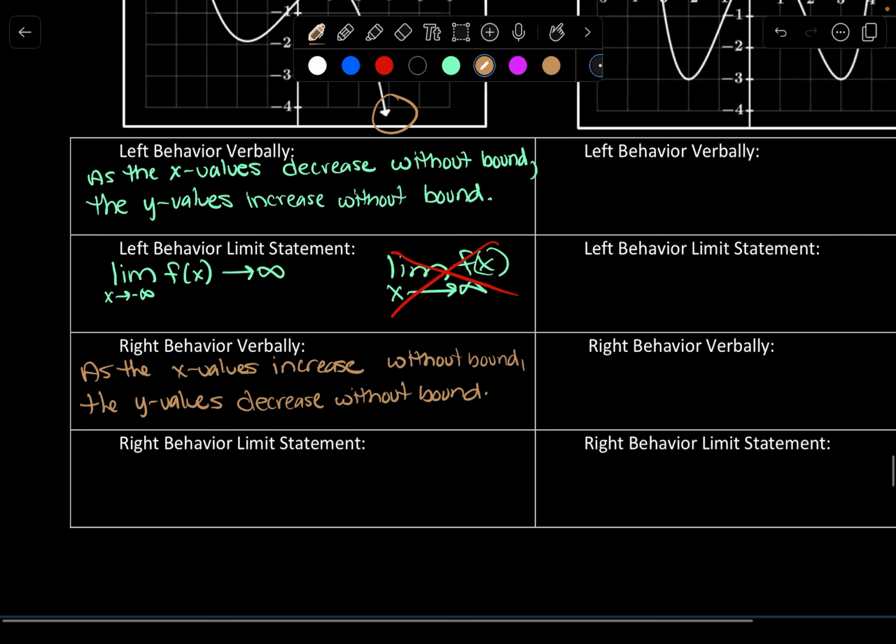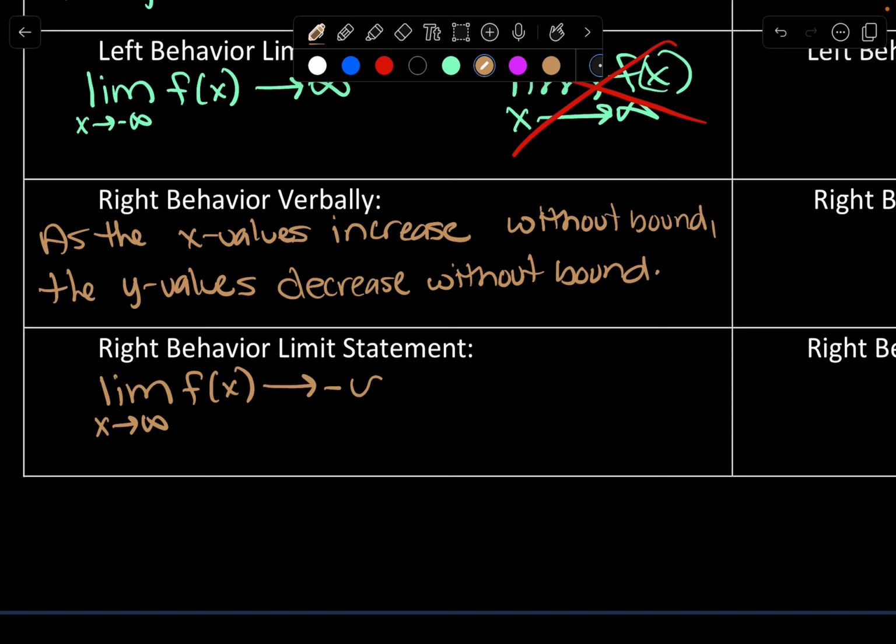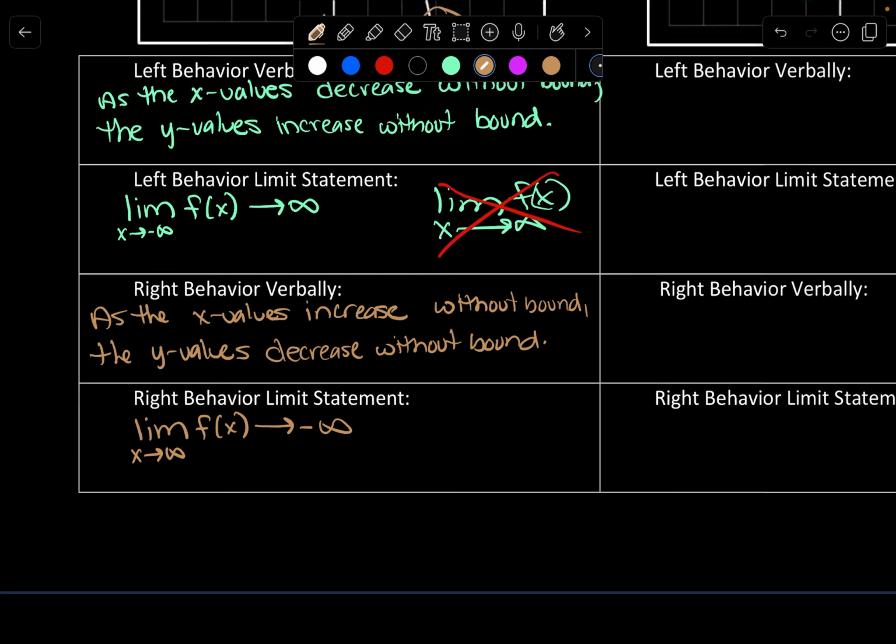All right, so to write this statement, now the x values are increasing without bound, so they are approaching infinity. And the function is f of x. And as the x values increase without bound, the y values are approaching negative infinity. So they are decreasing without bound.